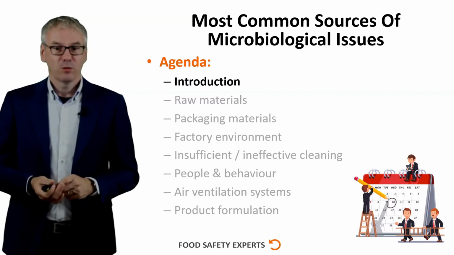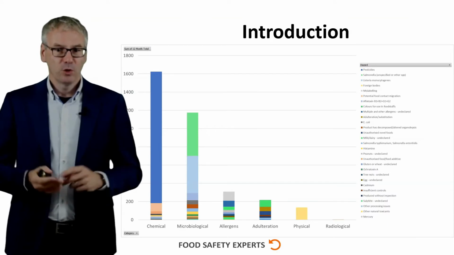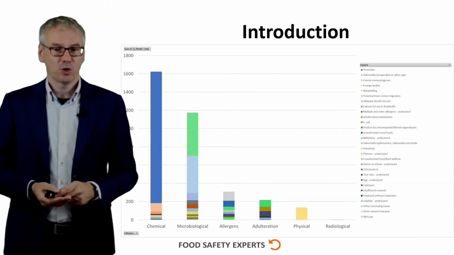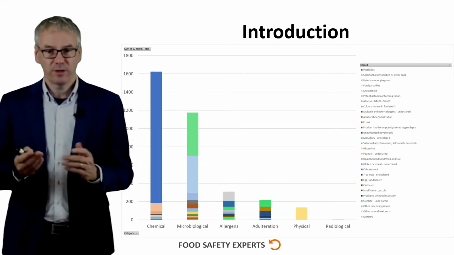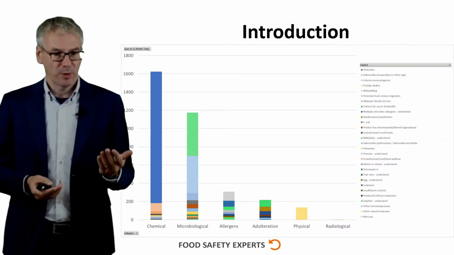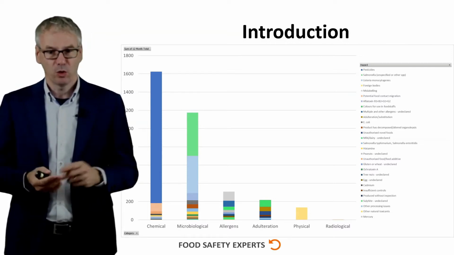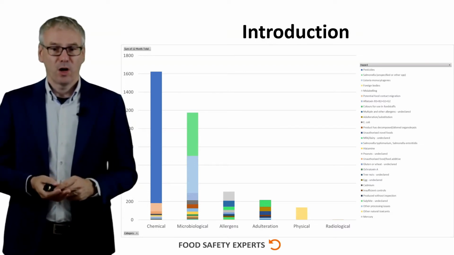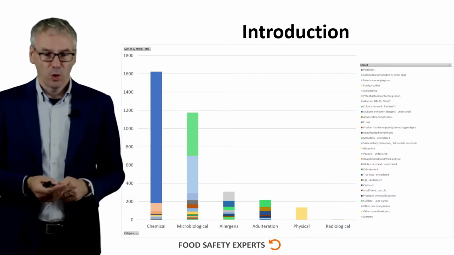Let's start with the introduction. Here you see an overview of the number of food safety notifications over the last 12 months in the main HACCP related categories. So that's chemical, physical, microbiological, allergens and radiological. The information is taken from VERA Horizon Scan and it includes all the notifications around the globe.